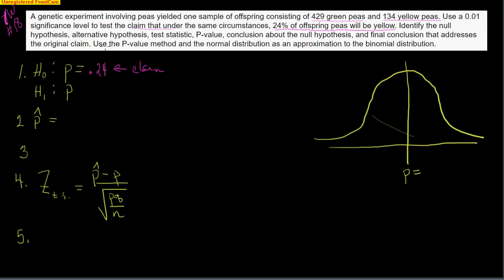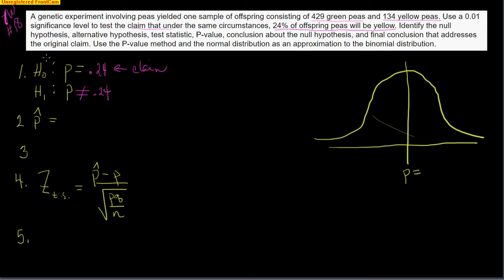The claim is here in the null hypothesis. It only happens when you have a two-tailed test. In this case, therefore, the alternative hypothesis would be that it is not equal to that exact 0.24. It is either greater than or less than that.